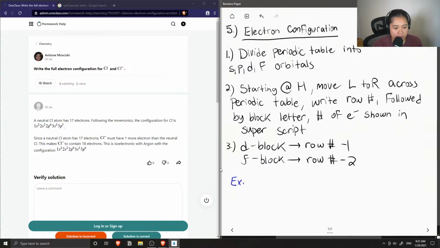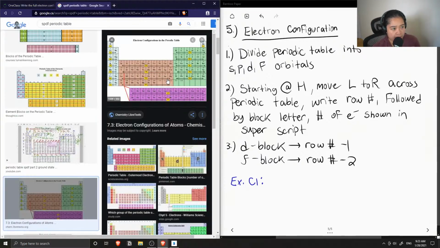So first we're going to write the full electron configuration for chlorine. So again, let's find chlorine on this periodic table with all the different sections labeled out. So you can see chlorine is found here, atomic number 17.